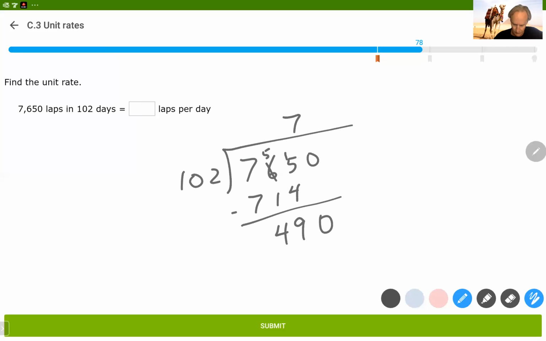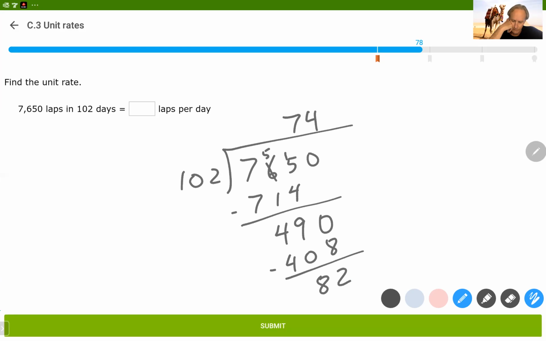Make a mistake. Looks right. Okay. Definitely 4. That's 408. And we have 82 left.